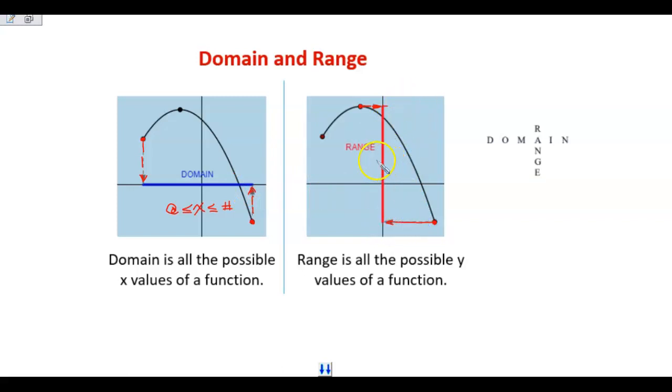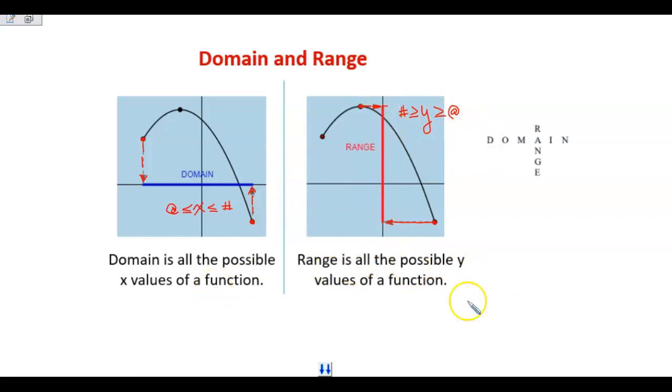So in this case, y has a closed circle, so y is going to be less than or equal to this number, but it's also going to be greater than or equal to this number here. So two different numbers here.